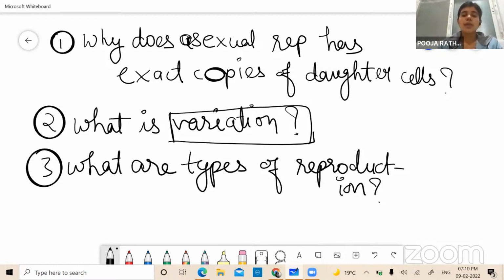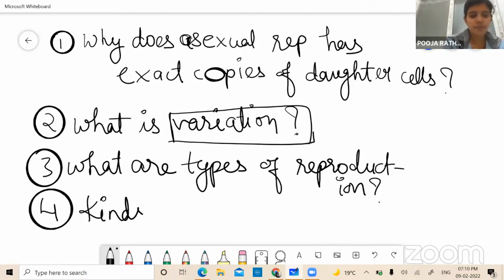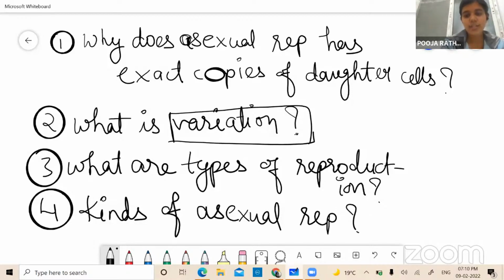Okay. Now, the next question could be, what are the different kinds of asexual reproduction? In this session, I have covered all kinds of asexual reproduction. They could be fission, binary fission or multiple fission.